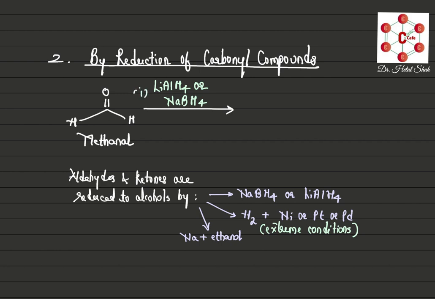This is the first step, and in the second step I need to put H3O plus hydrolysis. You have to break this pi bond, give one hydrogen here and one hydrogen here. So ideally you get H, C, OH, H. This is methanol.